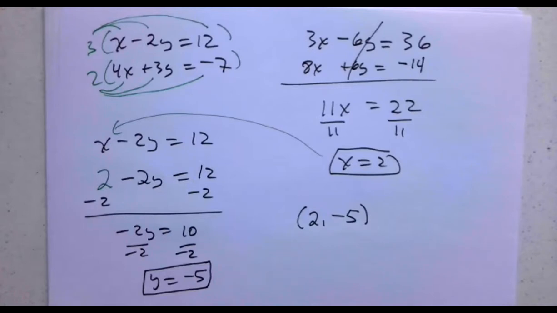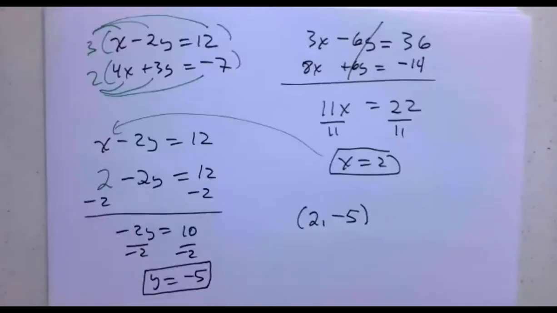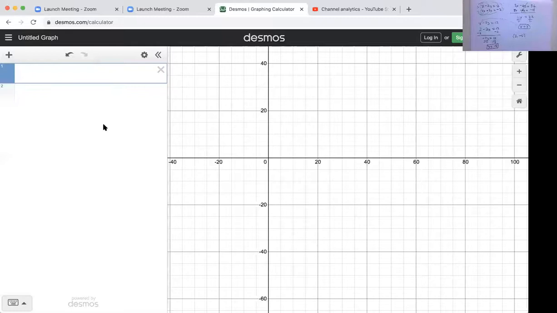What else did the question ask us to do? Use Desmos to graph them both to find the point of intersection. So I will do that next. Let's go to Desmos. Which is here. And I will graph x minus 2y is 12.